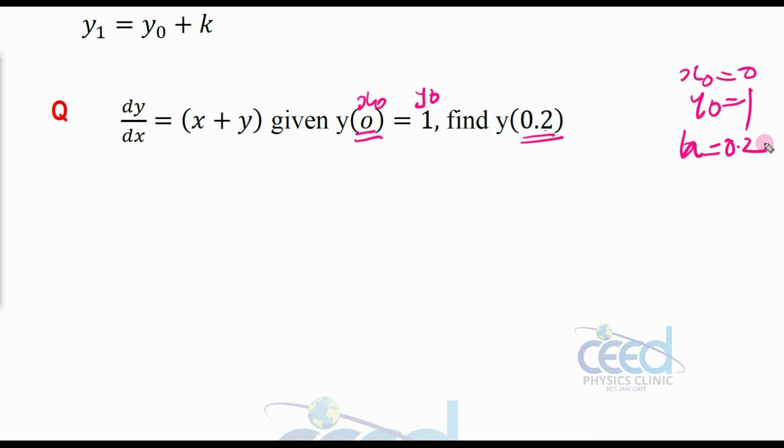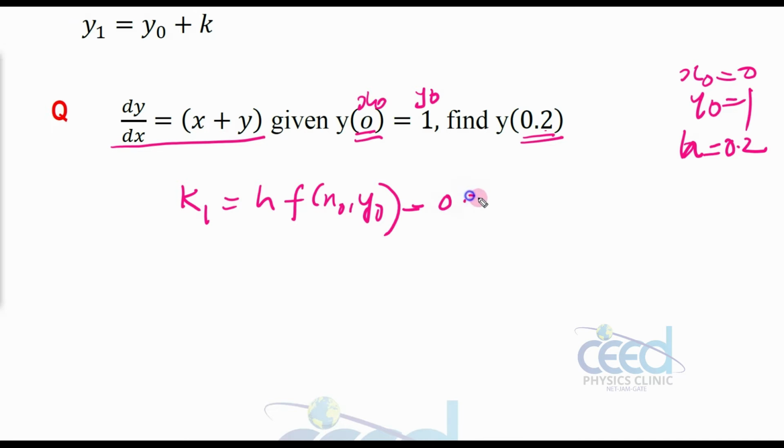Now, as per the theory, we can find k1, k2, k3, k4. What is k1? k1 is equal to h f of x0, y0. Here dy by dx is equal to x plus y, so h is 0.2 into f of x0, y0. f of x, y is equal to x plus y, so f of x0, y0 is x0 plus y0, that is 1.